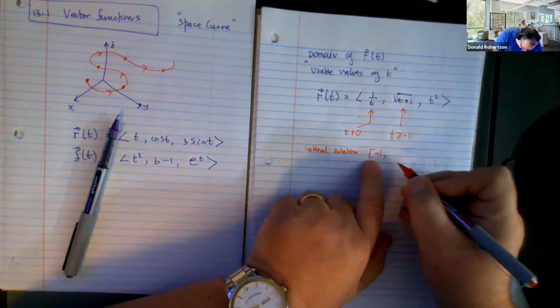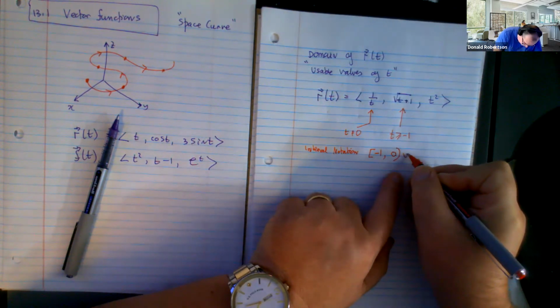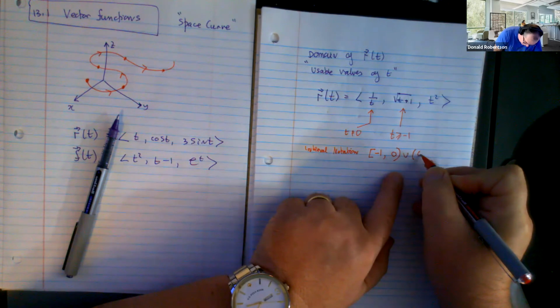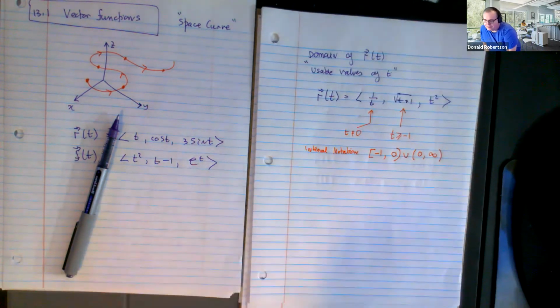I would then go all the way to t equals 0 and do a curved bracket, union, curved bracket, 0 to infinity, curved bracket. Curved brackets mean you cannot use that value. You can't use infinity because infinity is not there, right? It keeps going. Are we happy with that one?